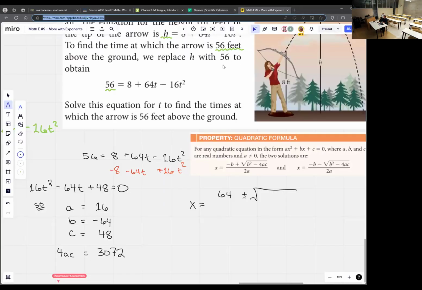And then I had to subtract my 4AC. All of that over twice my A, so 2 times 16 is 32. Everyone okay with my plugging things in step?